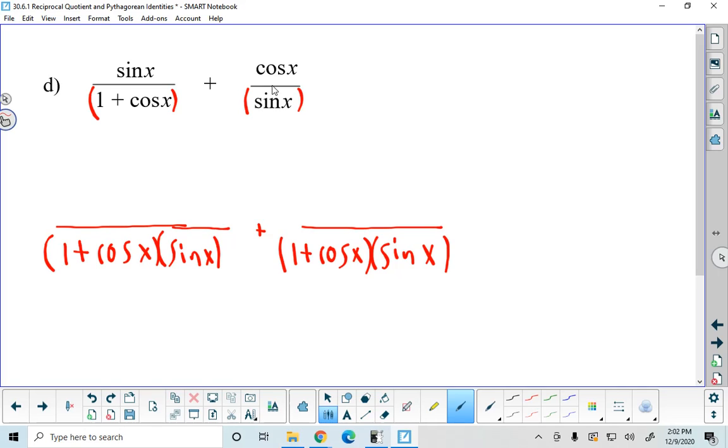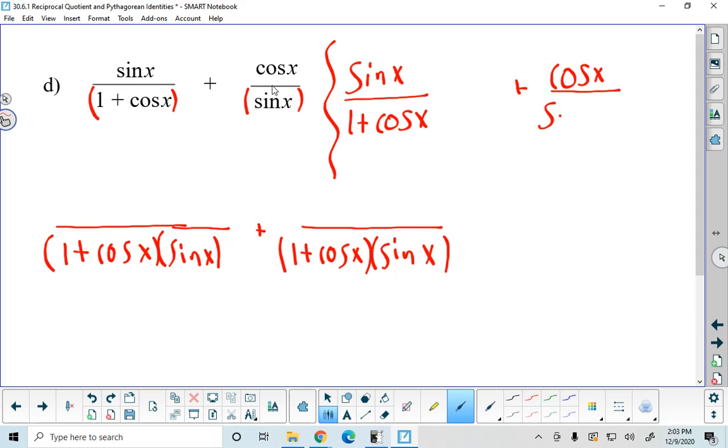That's what it is. You're going to have to rewrite this first so that it's spaced out. You'll see why in just a second.